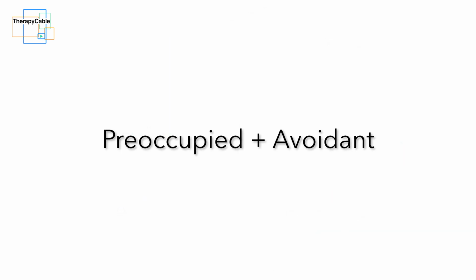Lastly, what I would bring up is the combination of a preoccupied and avoidant. What we have here, and I alluded to it a little bit earlier as to the presentation of each, is that they trigger each other.